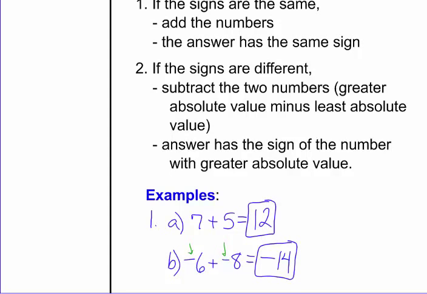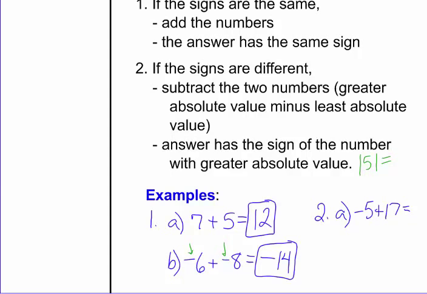Now, some examples of when the sign is different. So 2a. Say you have negative 5 plus 17. So the absolute value, let's talk about that real quick. The absolute value of a number, so let's say the absolute value of positive 5, that's just measuring distance.